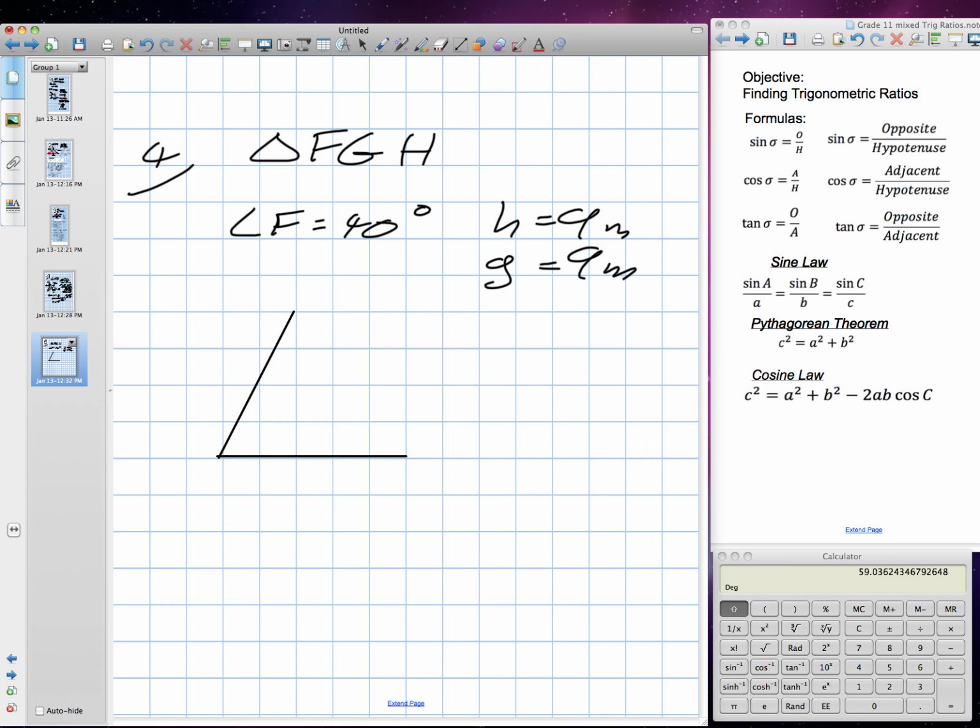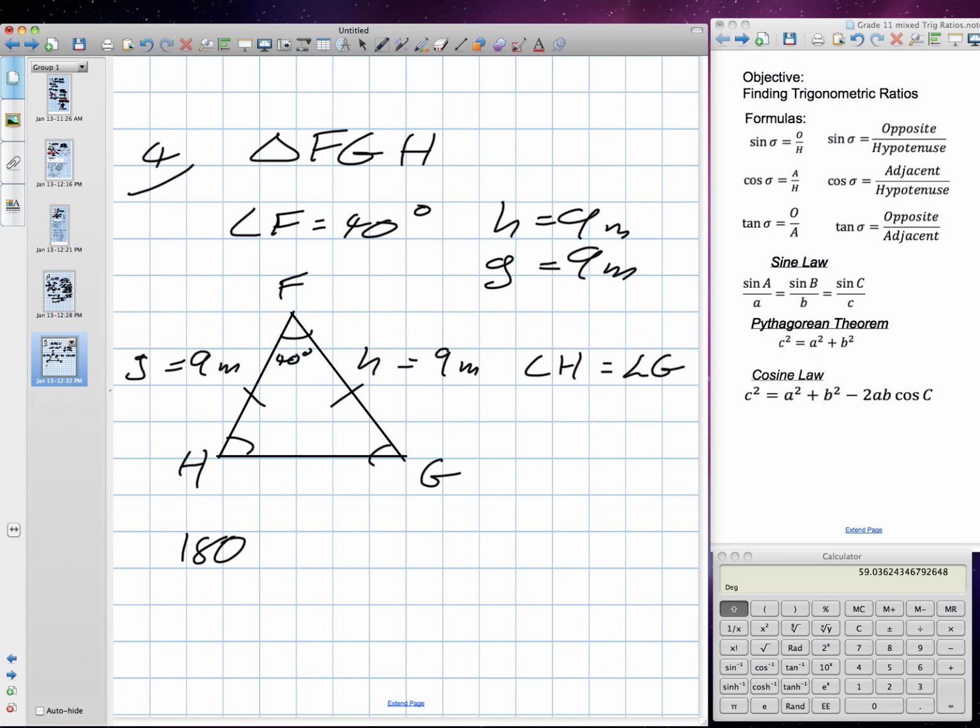We'll call this F, H, and G, which means this is 40 degrees. This is side G, which is 9 meters. Side H, which is 9 meters. So what type of triangle is this? This is an isosceles triangle. These are the same, which means angle H is equal to angle G. So I take 180, subtract 40, that gives me 140 degrees.